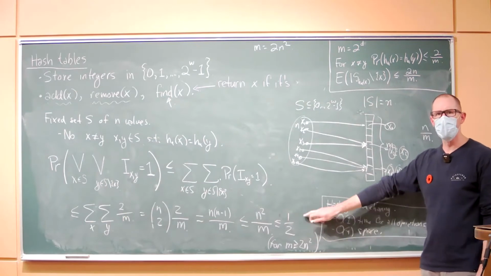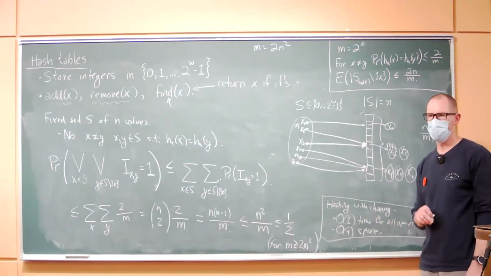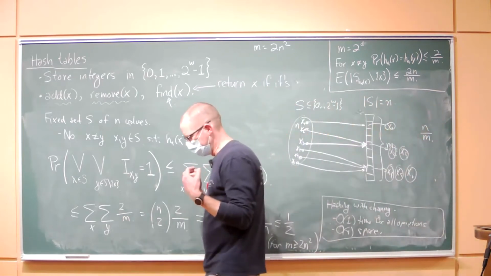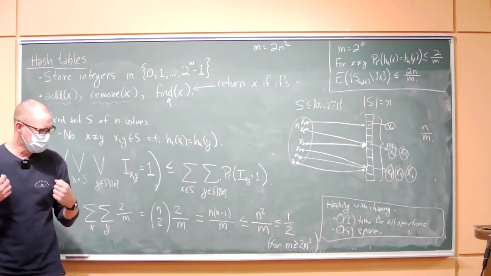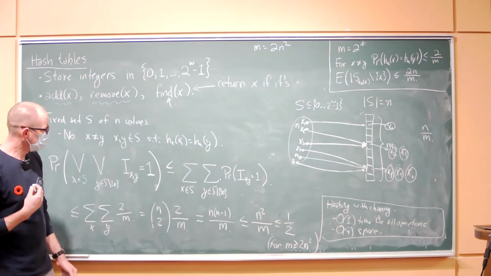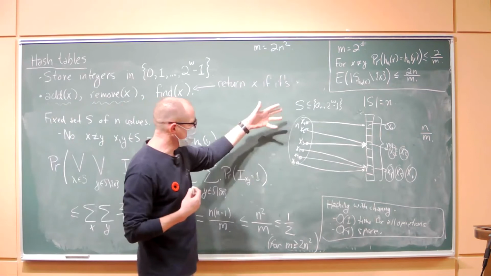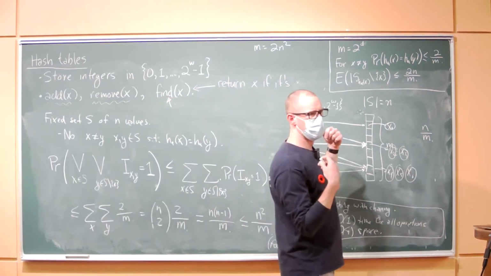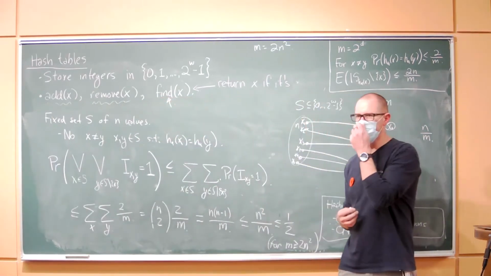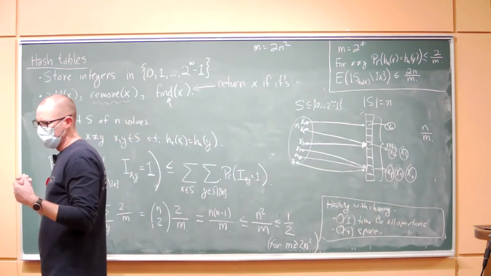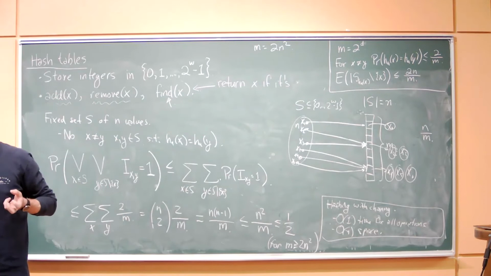By the way, does this look familiar in any way? What am I asking? I have these n things. They all get some hash value that's kind of random, and I'm asking, what's the probability that no two of them have the same hash value?